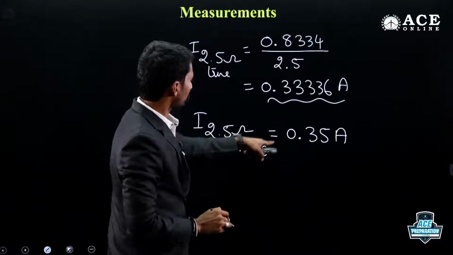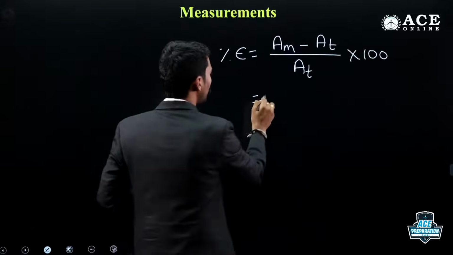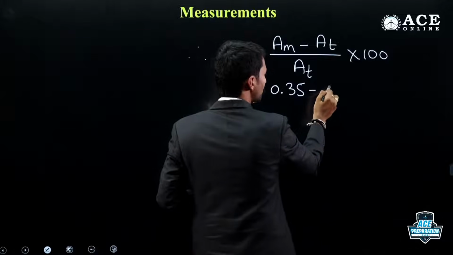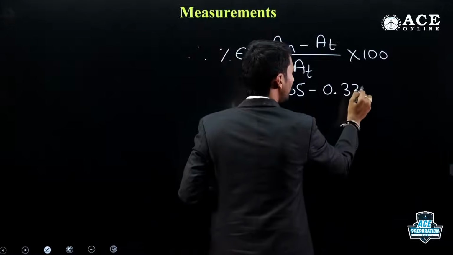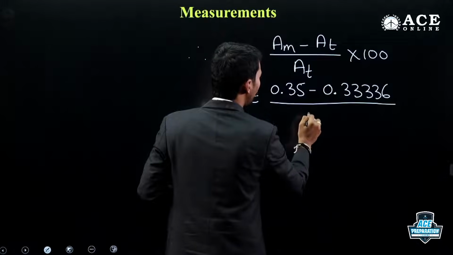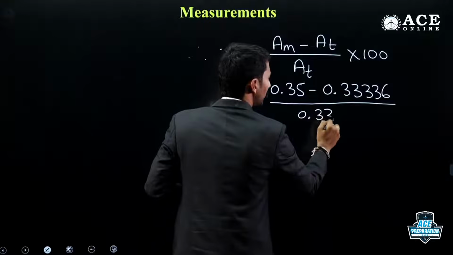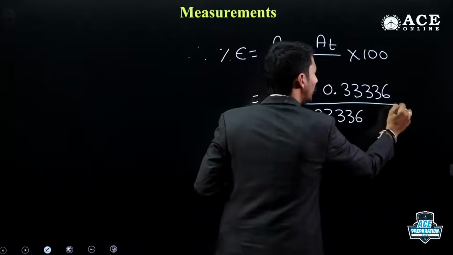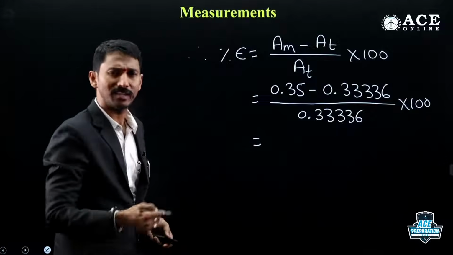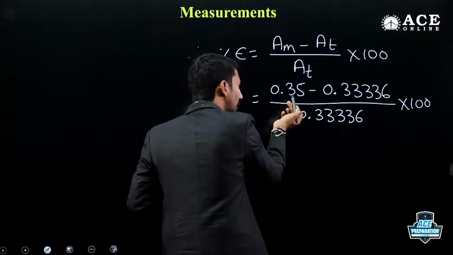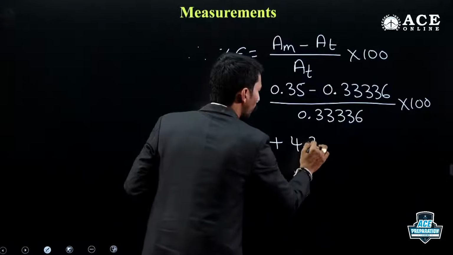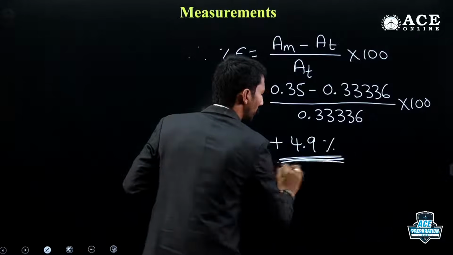AM is 0.35 minus AT is 0.333 some number. What is the value? AT is 0.33336 into 100. You are going to get approximately 5% or 4.9, but be careful. Here, large minus small, so plus only. You are going to get 4.9 approximately.